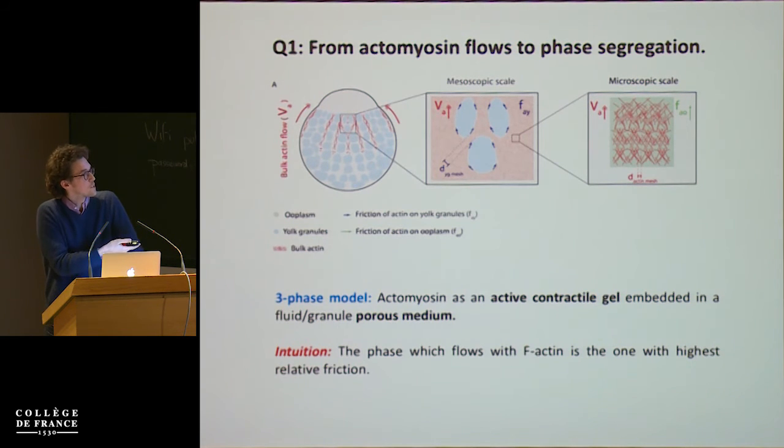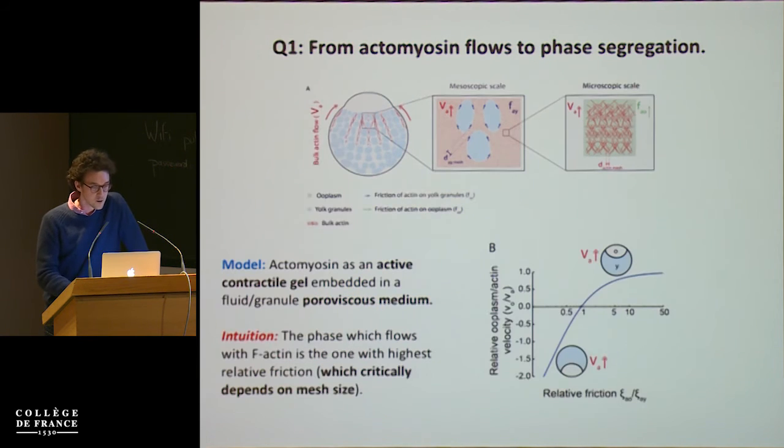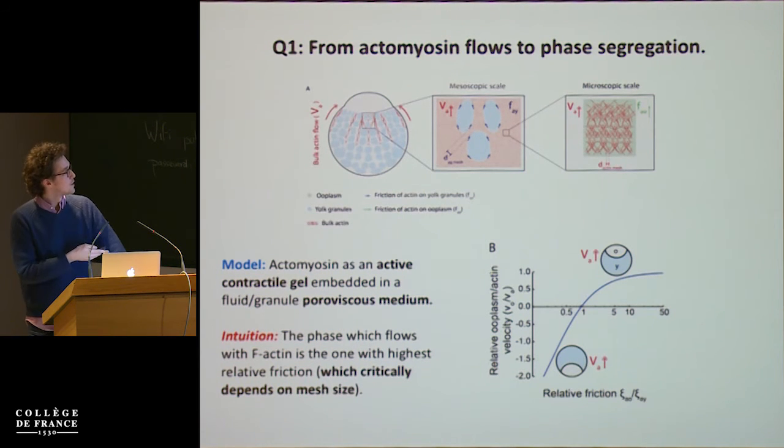So you need to know the relative frictions between all phases to know who flows with whom. You can come up with a simple analytical expression for this, where you compare the velocity of actin and your granules versus the relative friction between the two. If actin goes up, you can either have fluid going up as well, or granules going up, which would give rise to the opposite polarity.